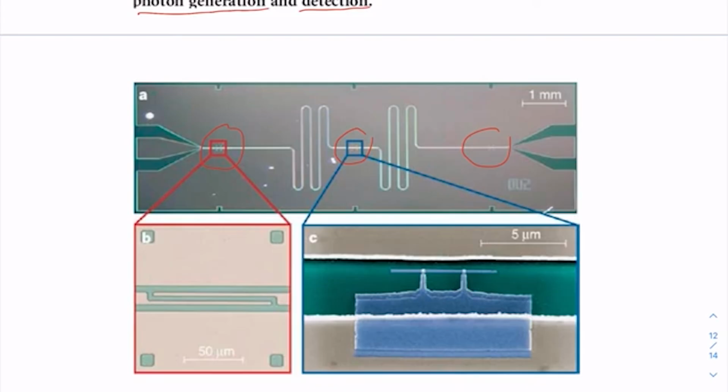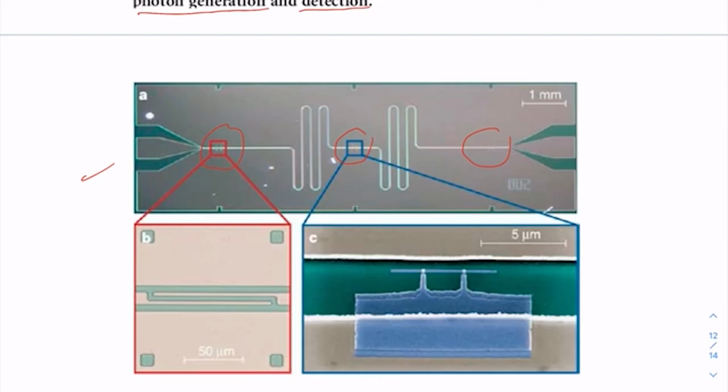This on-chip cavity shown here is made by patterning a thin superconducting niobium film deposited on a silicon chip. You may read the article for the experimental details and also about the fabrication.